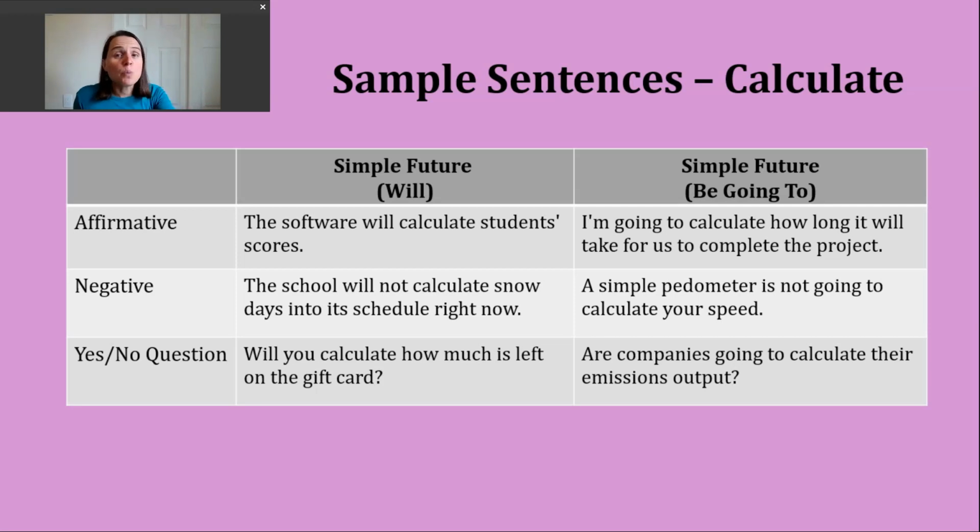Finally, if you want to ask a yes or no question using be going to, start with the form of be that matches your subject, and the subject is going to come next, and then follow that same pattern, going, to, and the base verb. Here's another example. Our company is going to calculate their emissions output.